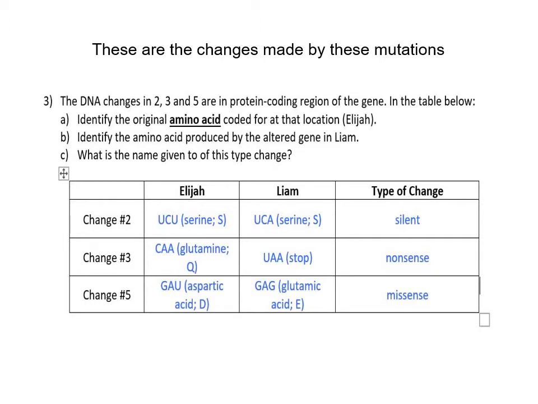Well, both of those codons encode serine, so that's a silent mutation, so that's not too likely to be a cause of a disease. The next one is the CAA glutamine codon, which now reads in the disease form UAA, a stop codon. Now that's a nonsense mutation. Finally, we have GAU, which is aspartic acid, and then GAG, glutamic acid. So that's a change in the amino acid, and it's a missense mutation.